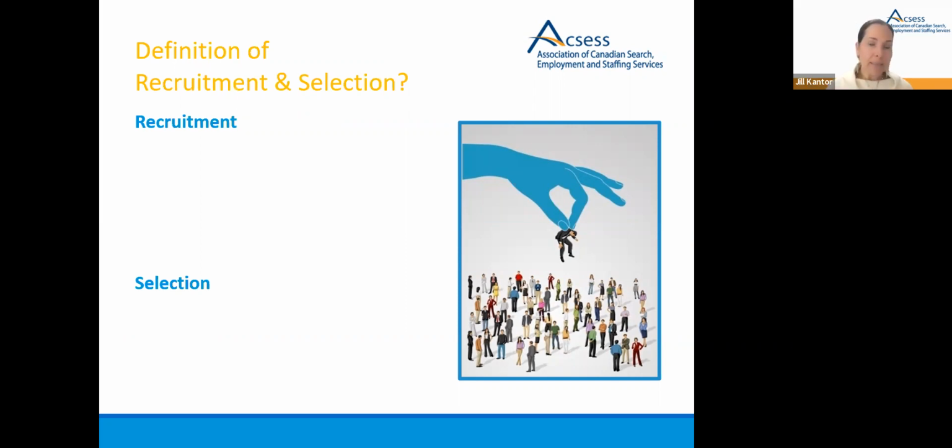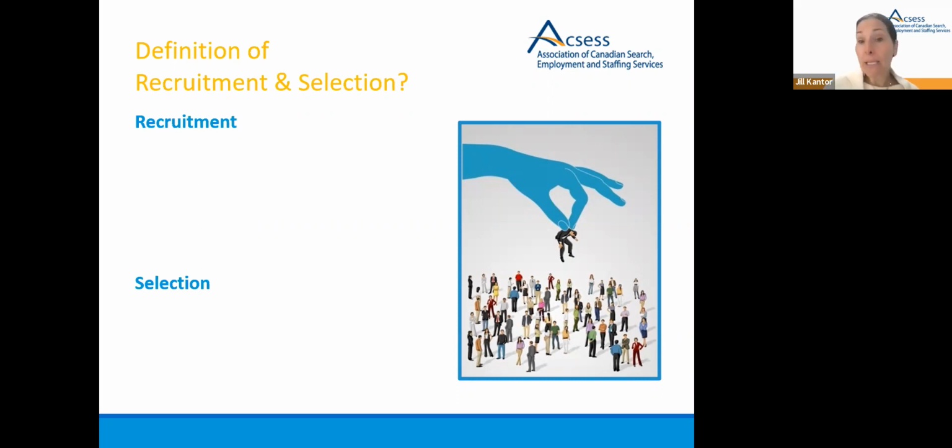But our clients, especially those within the HR realm, and I'm sure the majority of us do communicate within the HR realm, use their processes of recruitment and then selection and a structured approach around that. So it's good for us to understand what that difference is and what goes into the recruitment phase and then the selection phase.